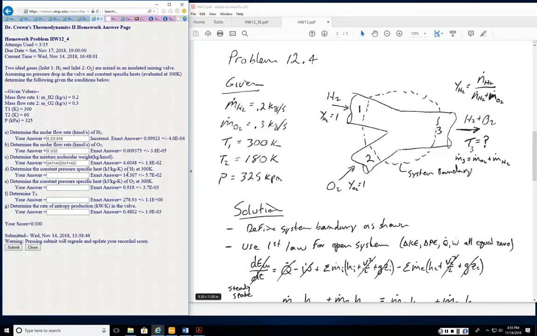So those just come from the tables. Table 820. Same thing for this.